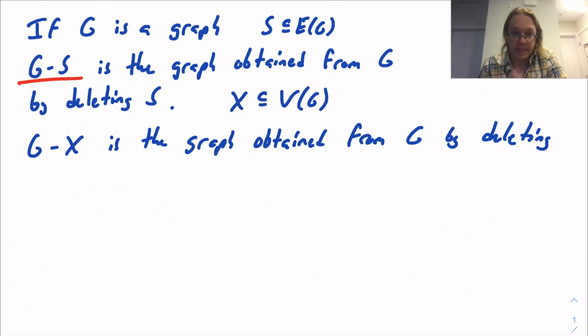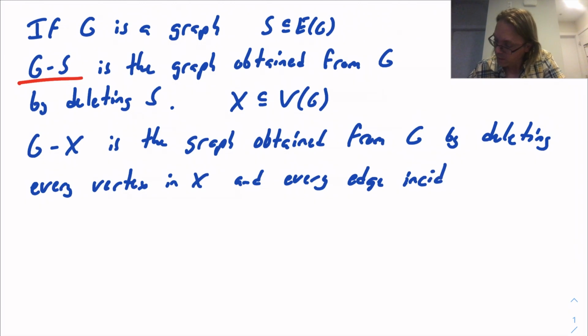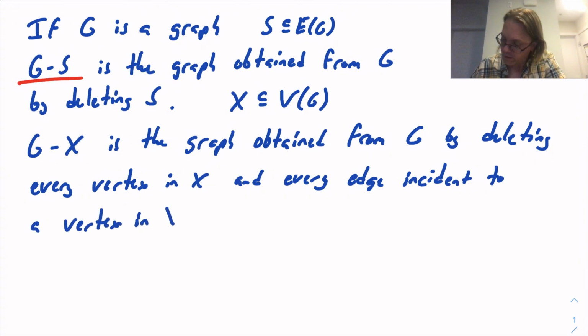Again, you're going to delete every vertex in X, and every edge incident to a vertex in X. I hope this strikes you as a very sensible definition, right?